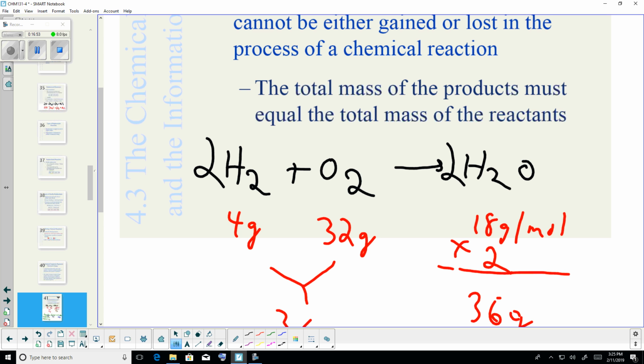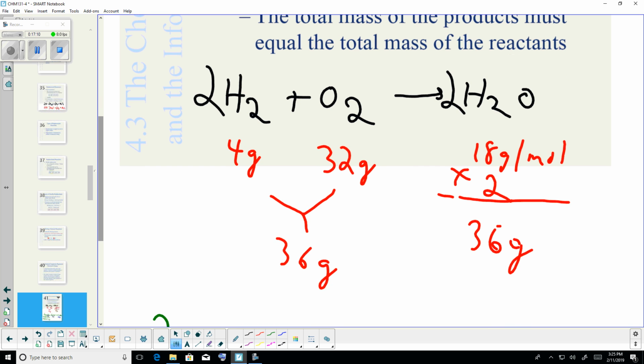So you start with 4 grams of hydrogen, right? 2 moles, each mole is 2 grams. Oxygen, O2, has a molar mass of 32 grams, 16 times 2, 32, for a total of 36 grams. That's what we start with, mass-wise.